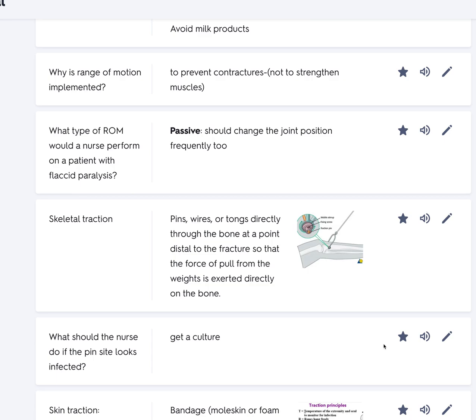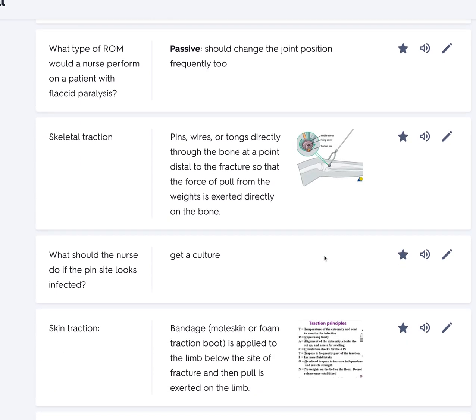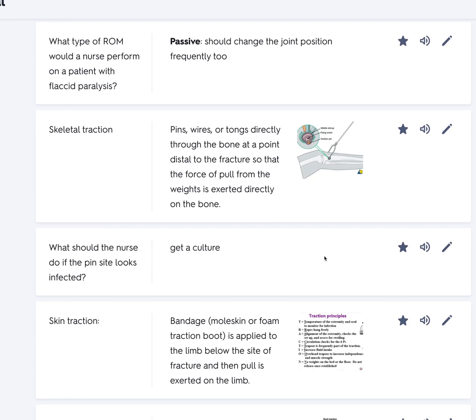So they would put a pin into the bone right below the joint, and then the traction weight would pull the bone down a little bit, okay? So the pin is going right into the bone, and that's going to put them at high risk for infection. We don't use this as much as we used to, but sometimes it still gets ordered.